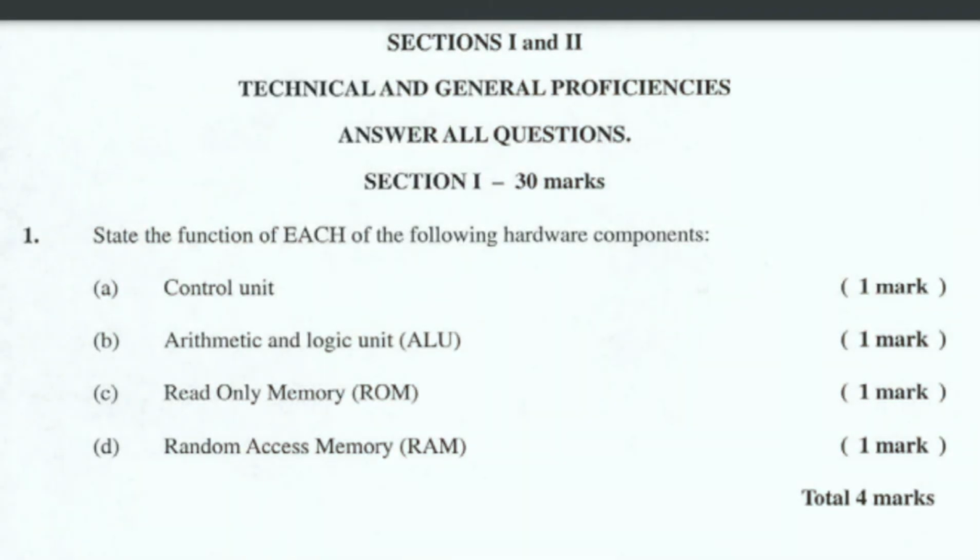Question B, which says arithmetic and logic unit, ALU. That's the acronym. Again, even if you didn't know, and I'm bringing you back to this because this forms the foundation of information technology.